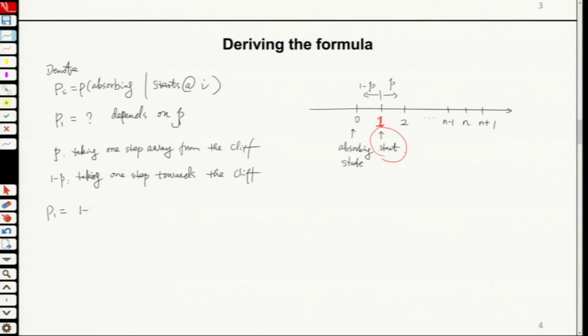If it goes to the left, then 1 minus P should be times something. So 1 minus P goes to the left, right? And that should be times something, right? Times what's the probability to get absorbed? Plus P times something. So total probability: given that it goes to the left, what's the probability of absorbing?